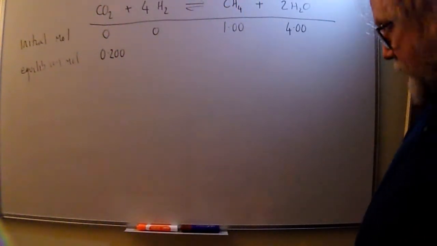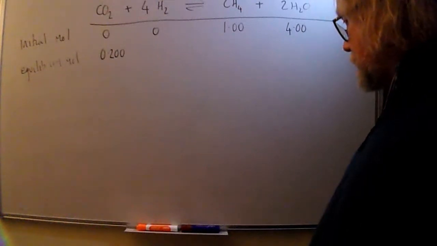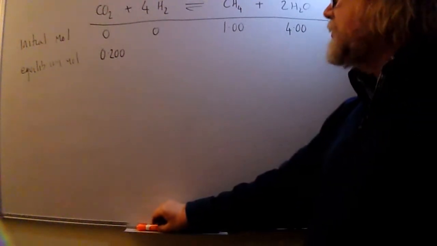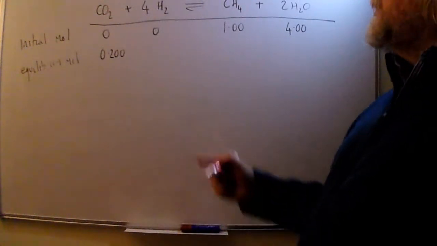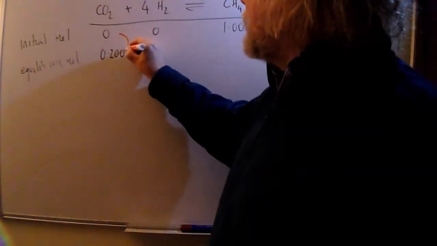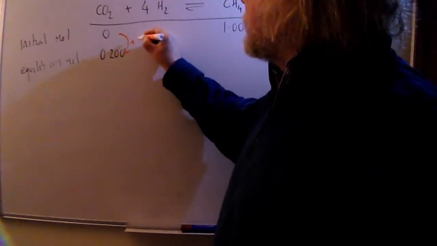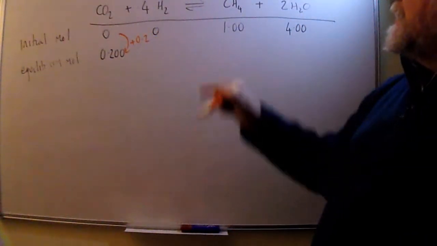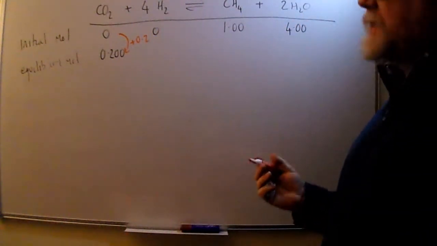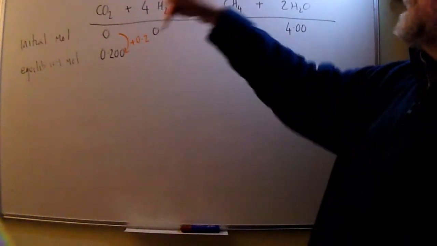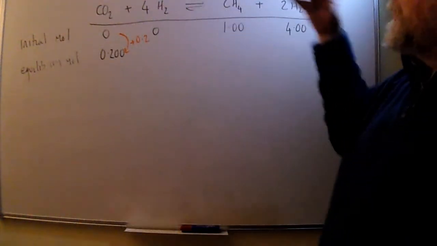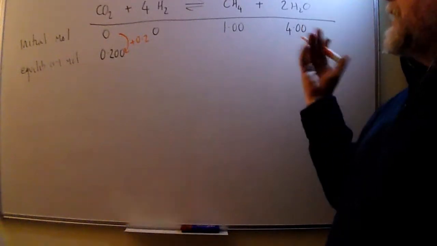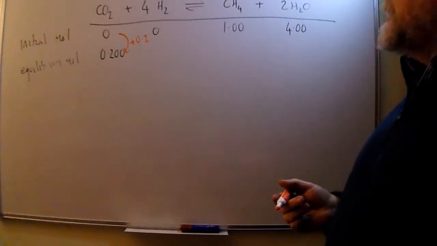So our first job then is to fill in the rest of those numbers. And you do that by just looking at the size of this change. And you say, yeah, okay, that went up by 0.2 moles. And then you use the equation to figure out what the changes in all the other ones must be, because that's what the equation does. It relates the relative number of moles of each substance that react or are formed in the reaction.